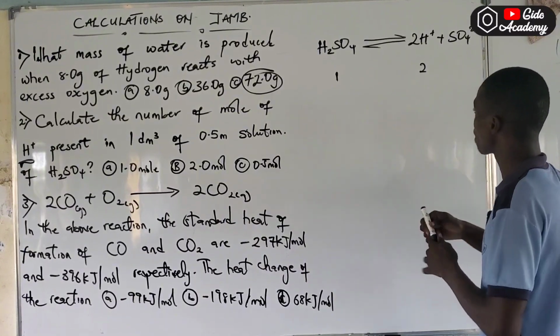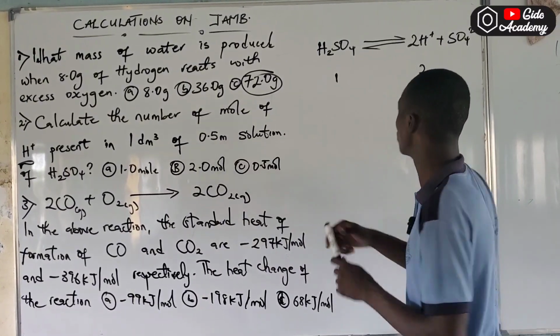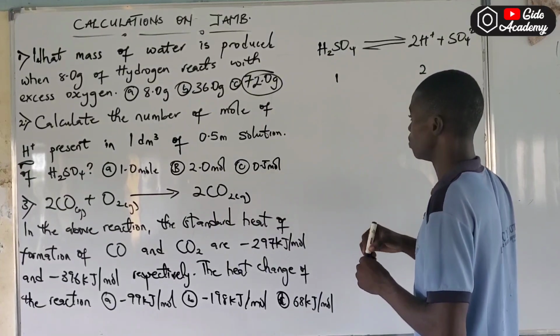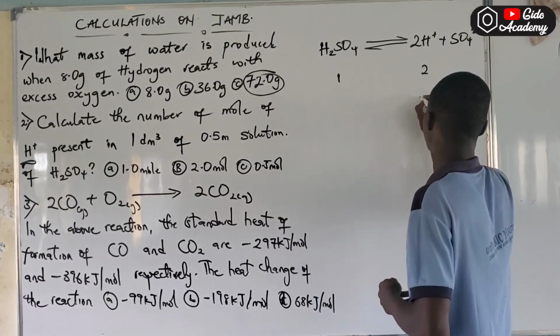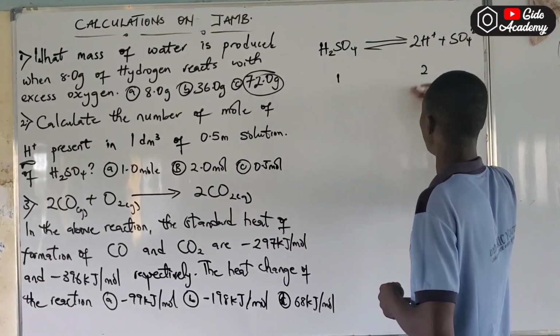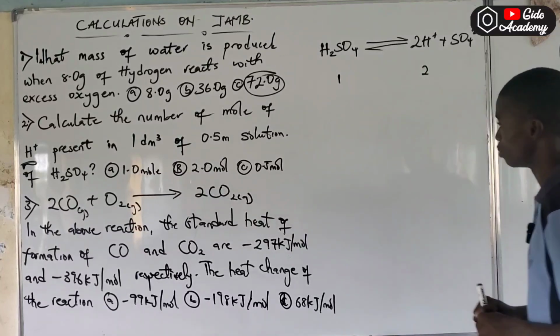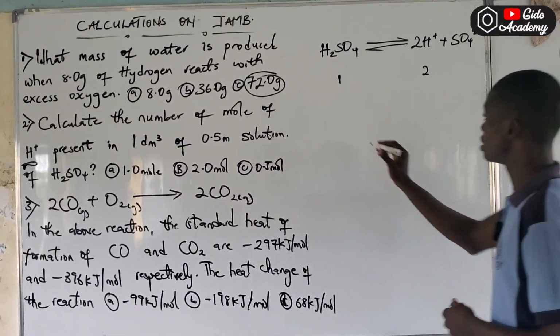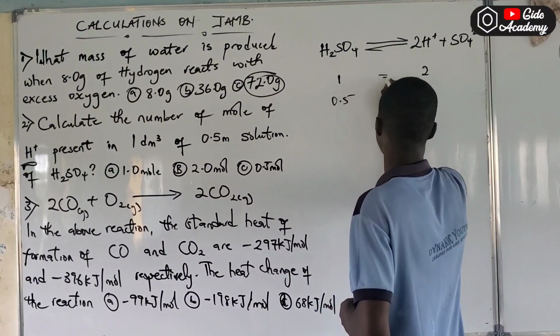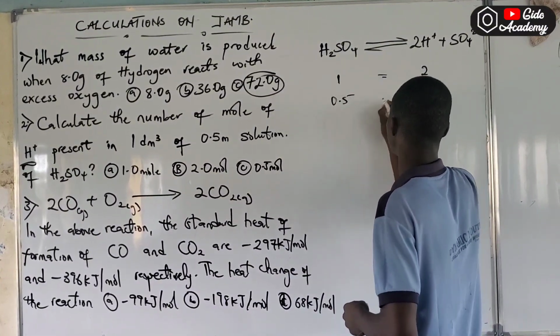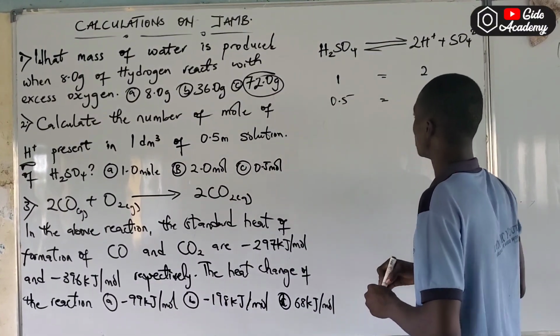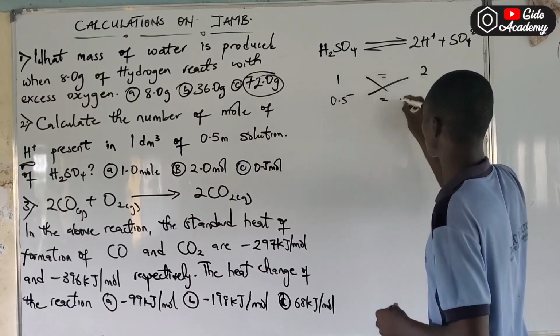And that is to say, if you are looking for 0.5 mole, I repeat, if you are looking for 0.5 mole, then how many of them will be formed? 1 mole is equal to 2, then 0.5 mole is equal to what? Then what I'm going to do is cross multiply.